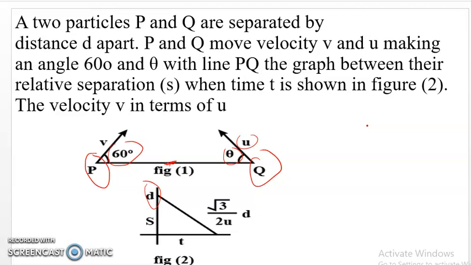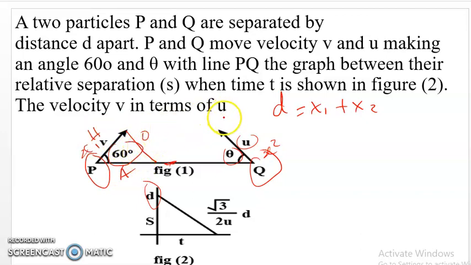Let's assume that the distance, because we are told that they are separated by the distance d, to be equal to x1 plus x2. So this is our x1 and this is our x2. If you look at this triangle, if we connect here, this is the hypotenuse, this is the opposite, and this is the adjacent.